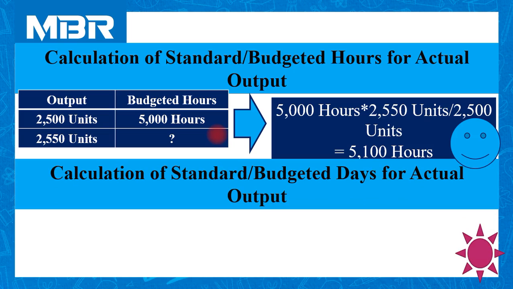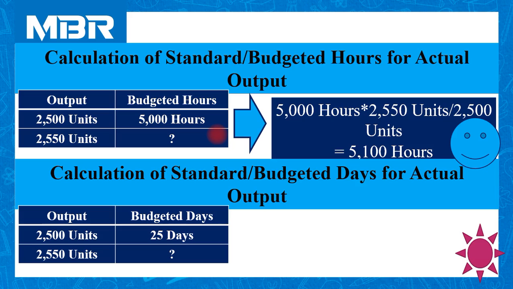In the same way, we need to calculate standard or budgeted days for actual output, because the examiner has provided information related to the number of working days. So in this situation, we are able to calculate budgeted days. Let us calculate. It is simple and similar to the earlier calculation.